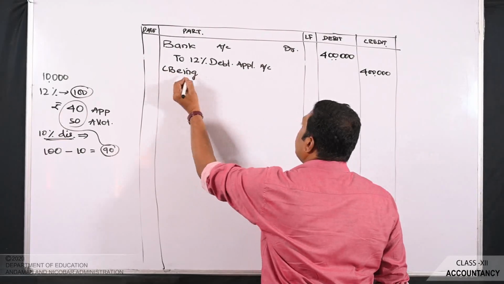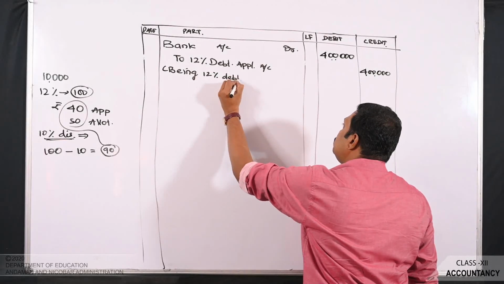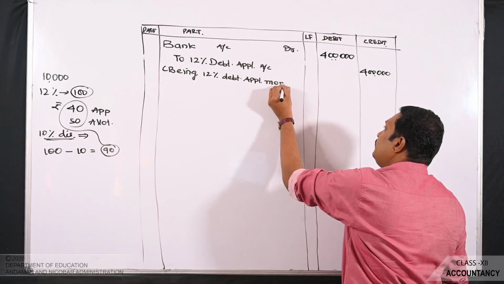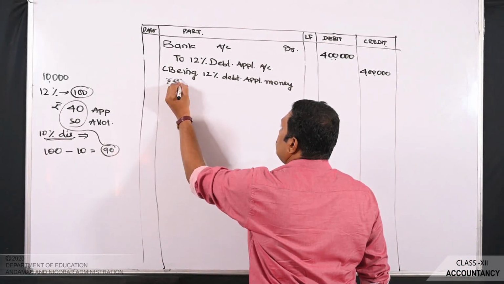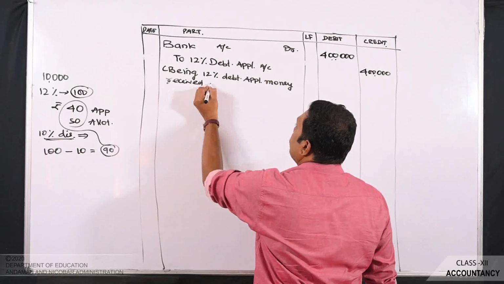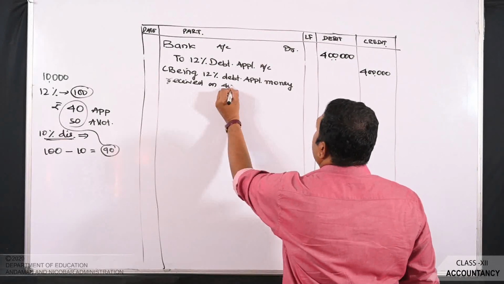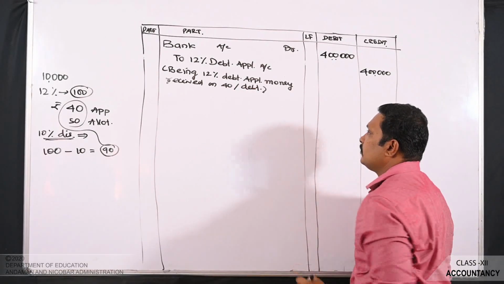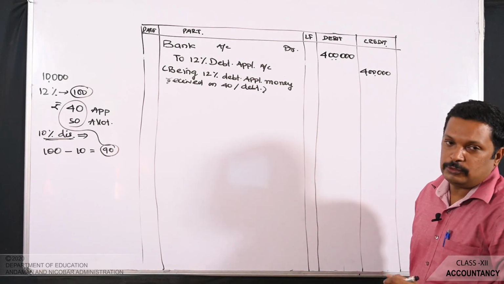Being 12% debenture application money received on 40 per debenture, like that. Okay, so that entry, bank account debit to debenture application account.